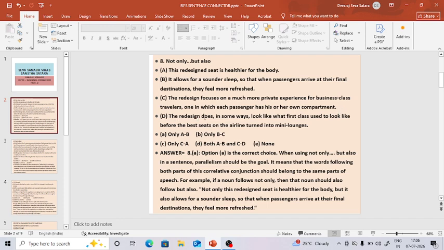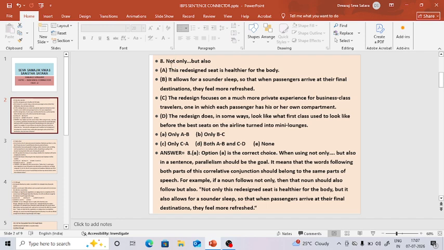The redesign does, in the same way, look like what first class used to look like before the best seats on the airline turned into mini pods. Now see here, the options are A and B, B and C, C and A, or A, B, C, D. So that we have to find out.